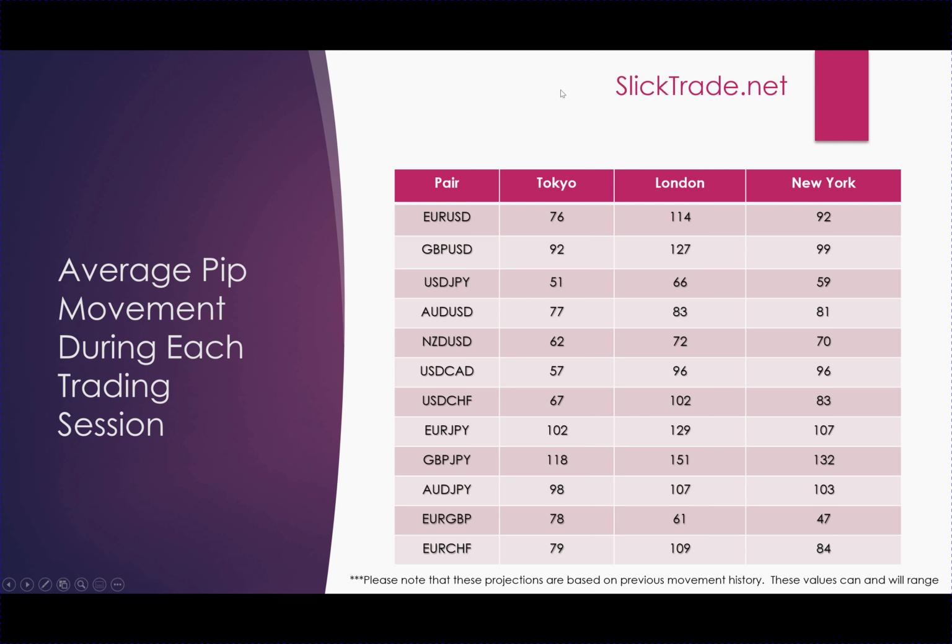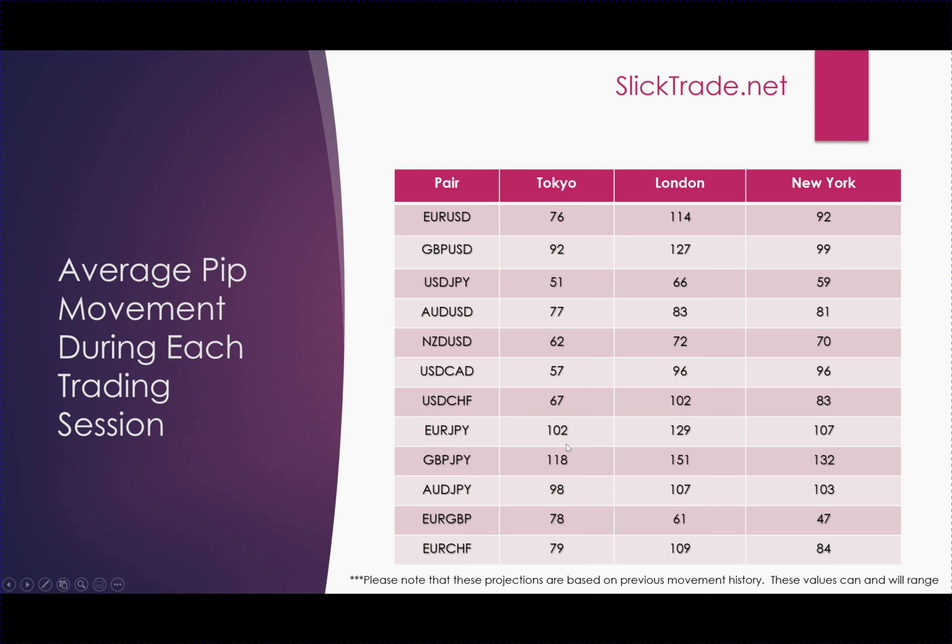Okay, that's each of these columns. And then your pairs, we have the Euro USD, GBP USD, USD JPY, AUD USD, NZD USD, USD CAD, USD CHF, Euro JPY, GBP JPY, AUD JPY, Euro GBP, and Euro CHF.